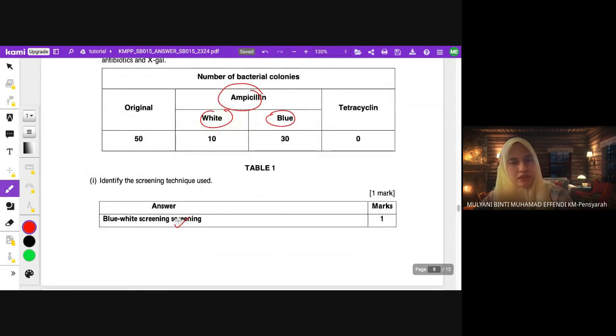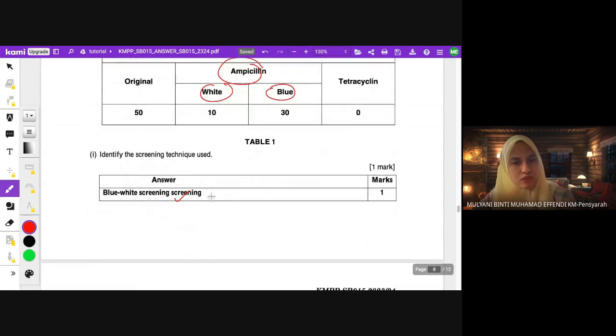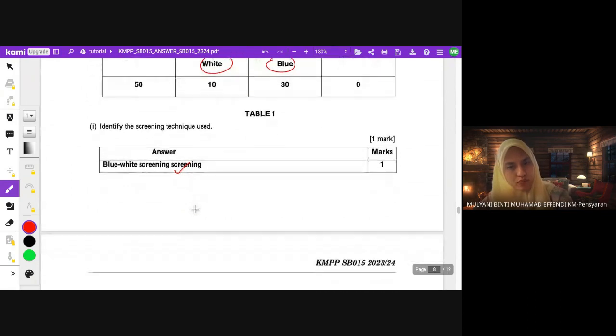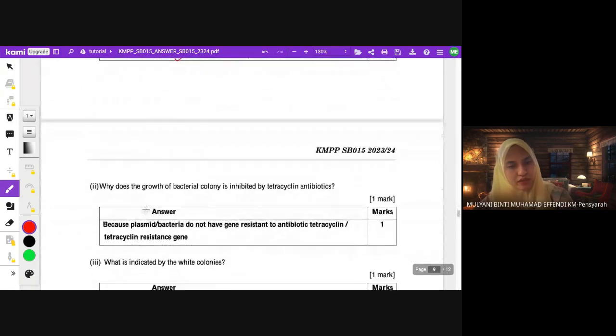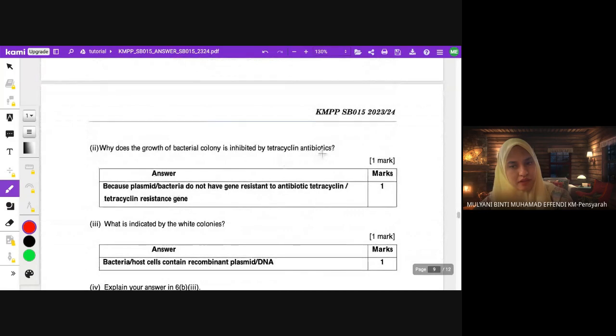So ingat blue white screening ni termasuk juga bila kita letakkan dalam ampicillin, sebab bakteria tu dimasukkan dalam lacZ, X-gal dan juga ampicillin dalam satu petri yang sama. Jadi caranya adalah blue white screening. Okay, blue white screening. So why does the growth of bacterial colony is inhibited by tetracycline antibiotics? Because the bacteria do not have resistant to antibiotic ataupun tetracycline resistant gene.